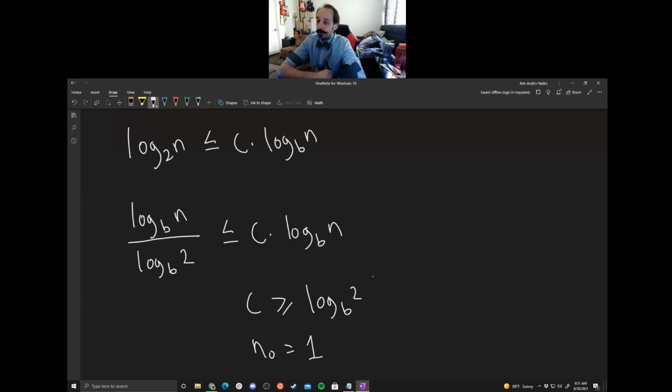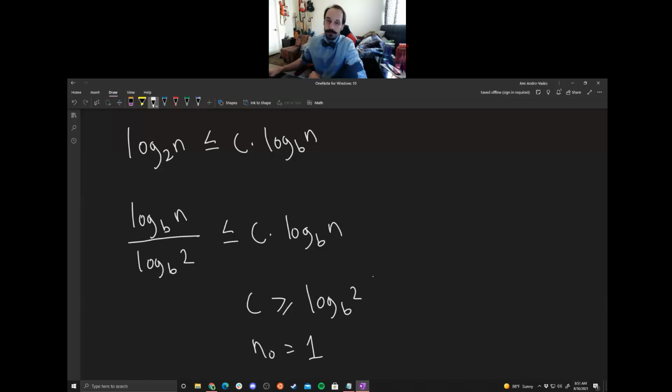Now, log b of 2 is just a constant. That means that it's off by a constant factor. In fact, if I had chosen log 10 of n, it'd be the same idea. It would be log b of 10. If I chose natural log e, same idea.